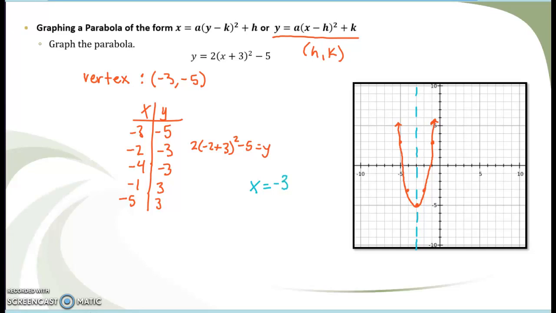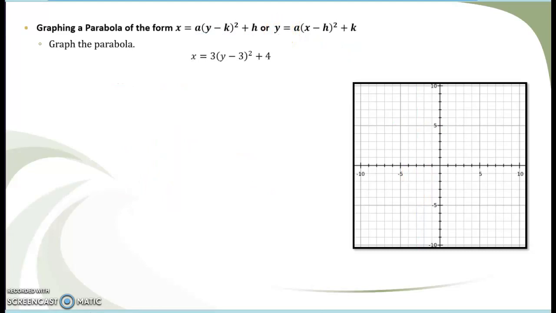Okay. Now let's do one where we have x equals a times (y minus k) squared plus h. Here's one where we have x equals 3 times (y minus 3) squared plus 4.